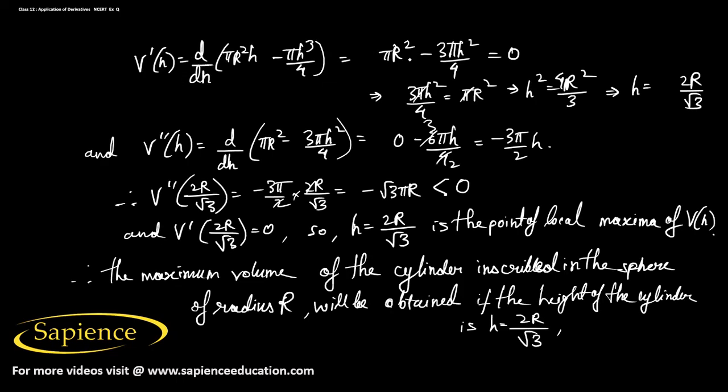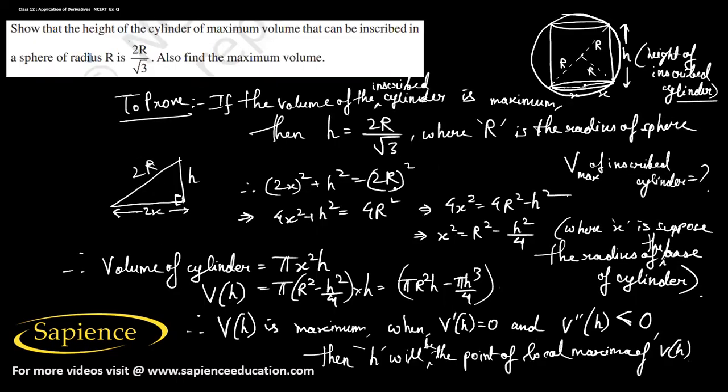So therefore the maximum volume of the cylinder will be equal to V(2r by root 3). Actually this is pi r square h.